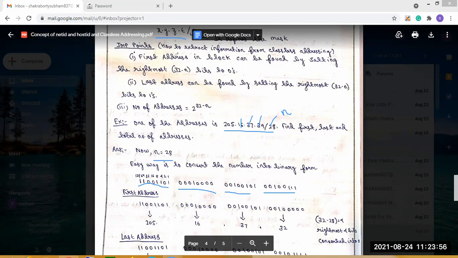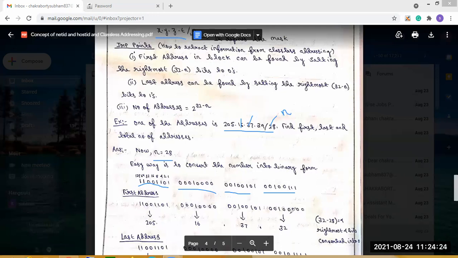Now what is said, for finding the first address, we have to convert the rightmost 32 minus n bits to zeros. Now n is what? 28. So 32 minus 28 is 4 bits. So that means the rightmost 4 bits will be converted to zeros.